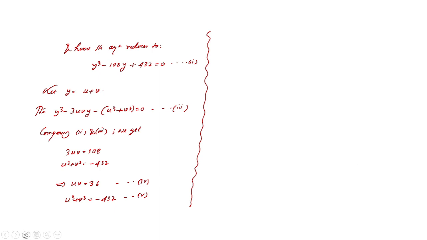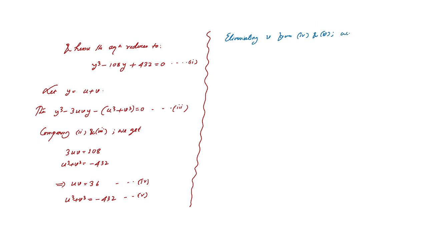So uv and u cube plus v cube, those values have arrived. Now we try to eliminate v from 4 and 5. So what do we get?